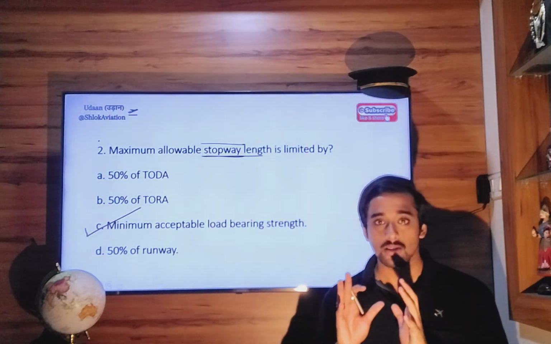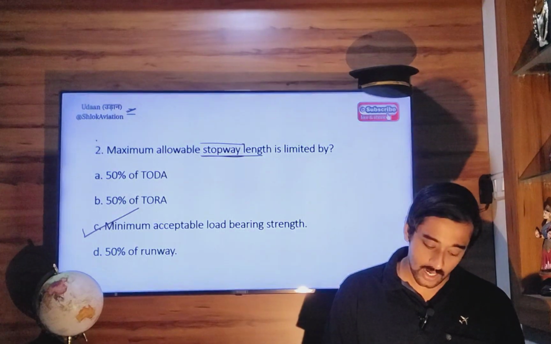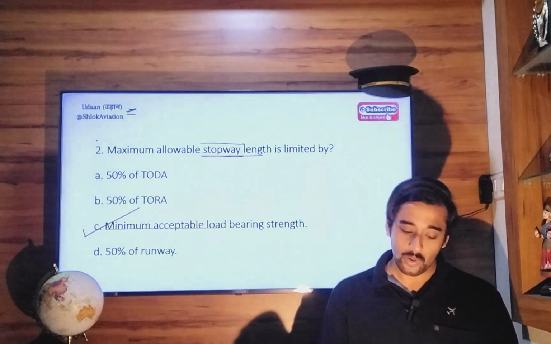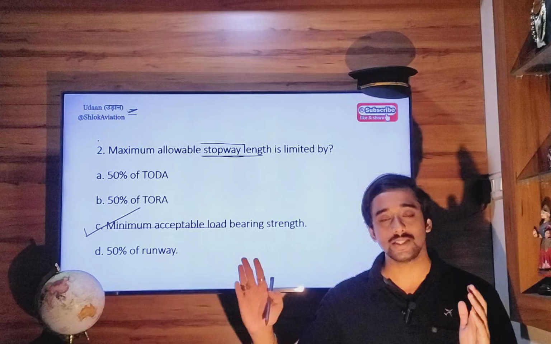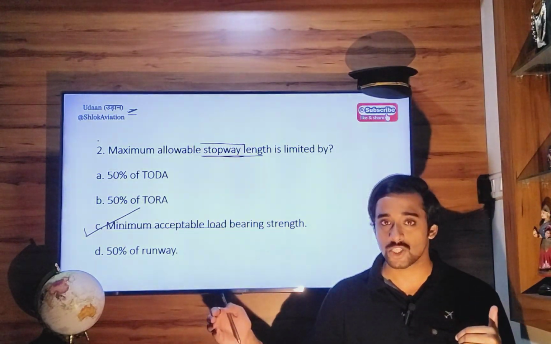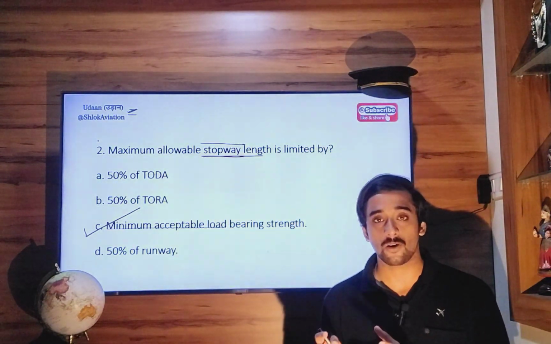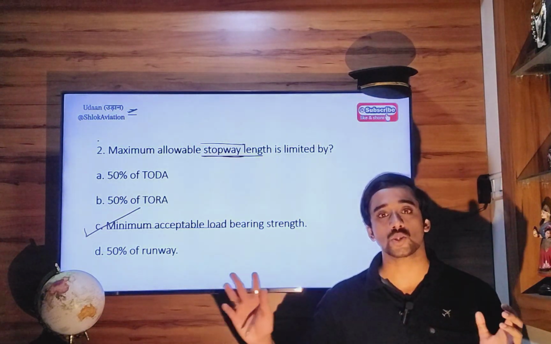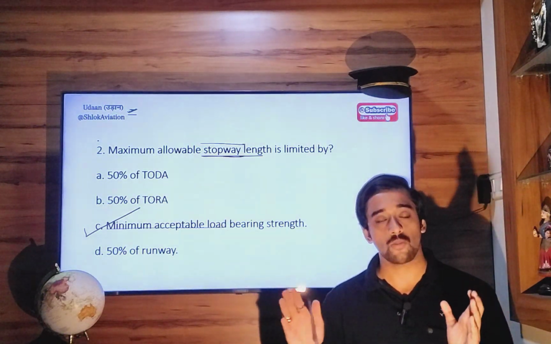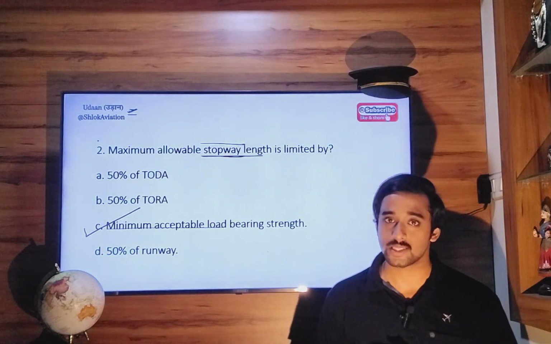Okay, it will be stopped there. So option Charlie. Okay, if stopway is able to achieve that load bearing strength for a very long distance, you can build that stopway for that much distance. But if it can't achieve, or if adequate material is not available for building a long stopway, the stopway length will be reduced or decreased.